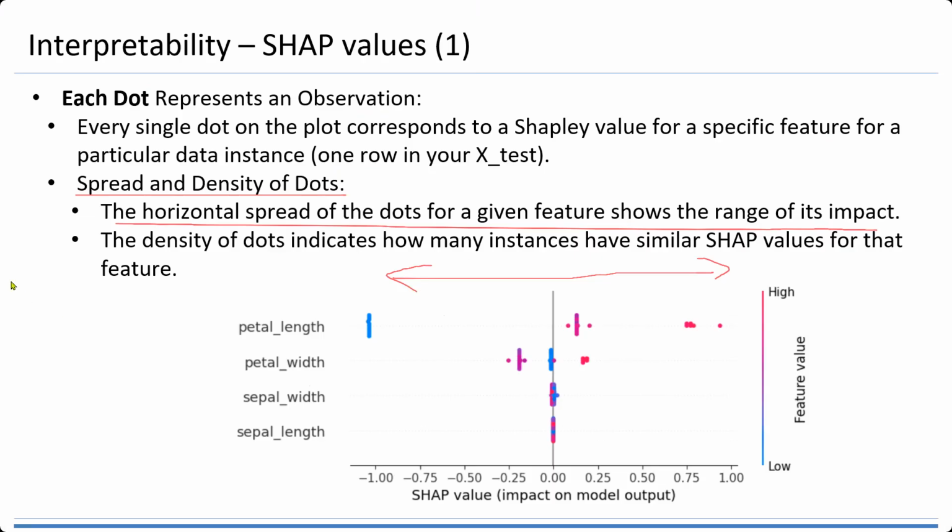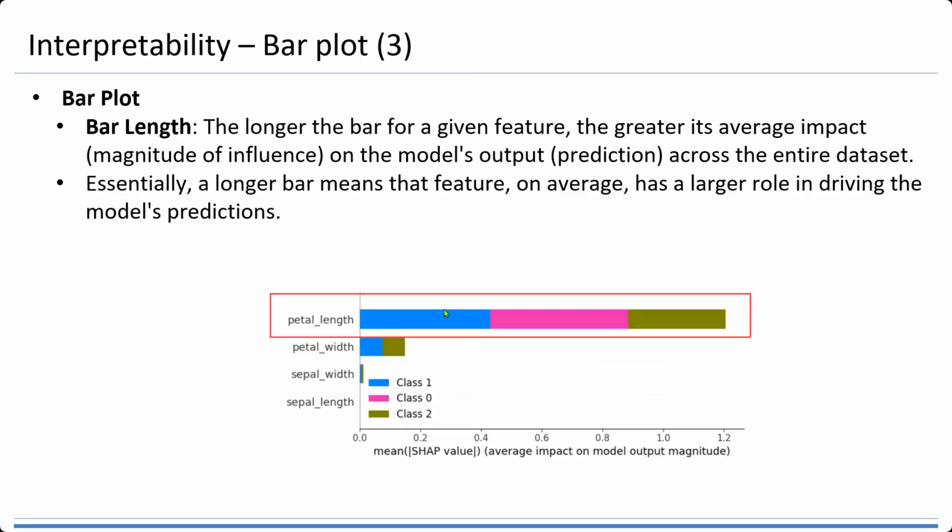If you look at these figures carefully, you can see this is the absolute value. What is the absolute? Absolute means we turn the negative value into positive.